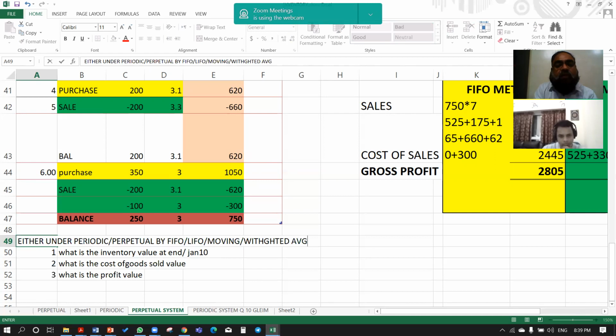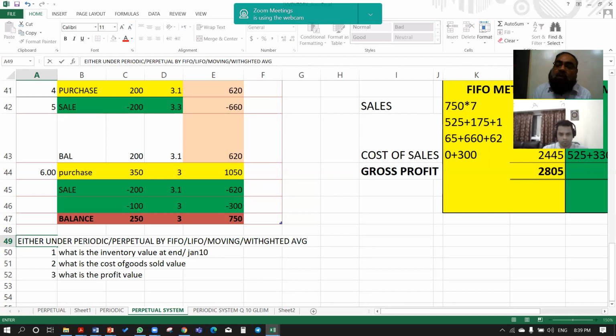So I have written a lot of questions here. They can ask you under periodic, what is the ending inventory value? Under the periodic inventory system, by the FIFO method, what is the cost of goods sold? What is the profit value?